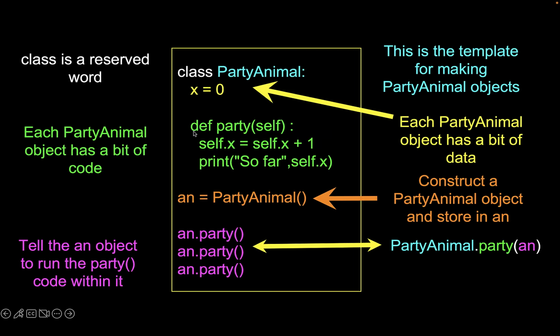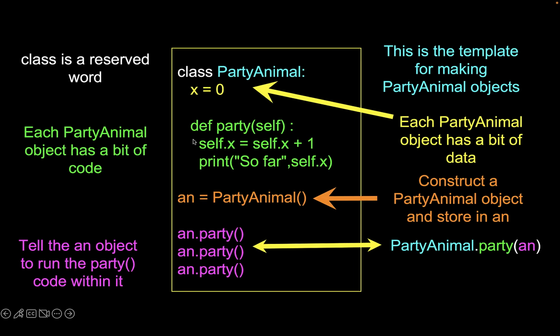That's how we know that it's part of that class. And the first parameter that every method always gets is self, and self is a reference to the instance that we're in right now. More on that a little bit later.